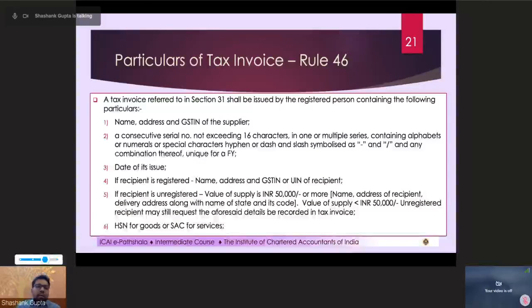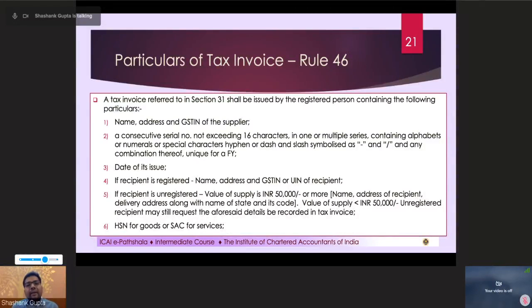Okay. So, particulars of tax invoice. So, what are the documents under GST? The most important and the most basic document is tax invoice, which is to be issued by any taxpayer for charging any tax. And on the other hand, it is also the relevant document for the recipient to avail the input tax credit.